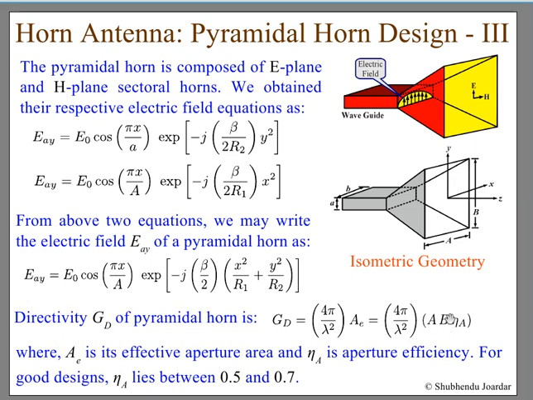Sorry, I confused myself. A into B is the area. So this is A, this is B. This whole thing is the area into the aperture efficiency.